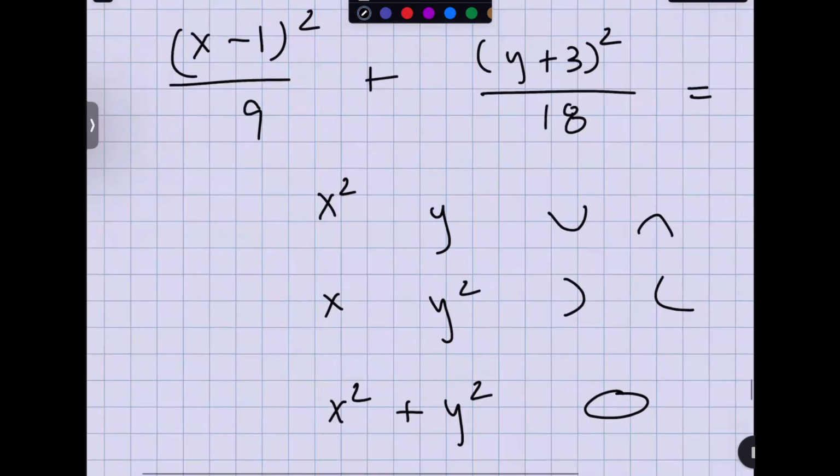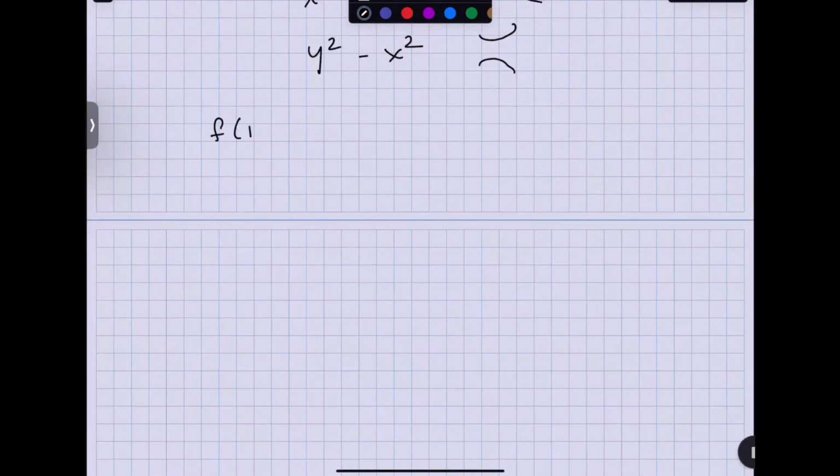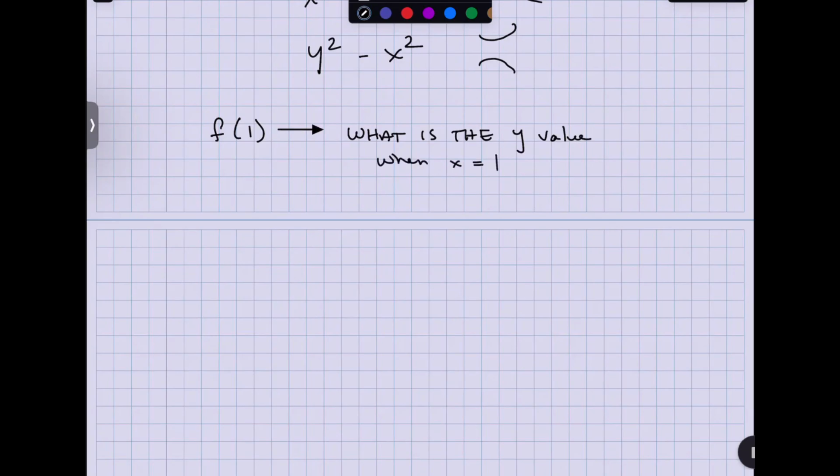So if I was to ask you, if I was to say find f of 1, what does that mean? So let's even simplify that. What is the y value when x equals 1 on the f function?